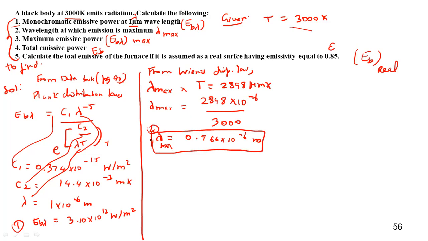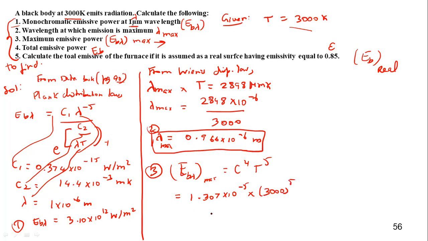Okay. So next we find the maximum emissive power. So the formula for maximum emissive power, our last problem is the same. That is E_bλmax is equal to C power 4 into T power 5. Okay. So the C power 4 value is 1.307 into 10 power minus 5, and the surface temperature is 3000 to the power 5.